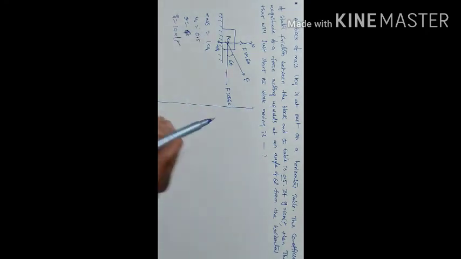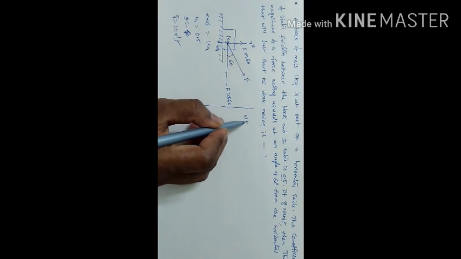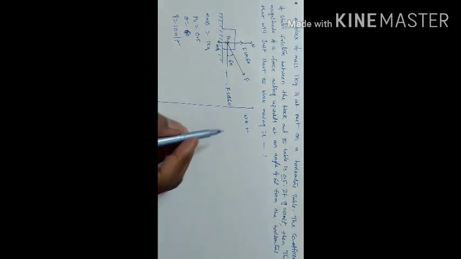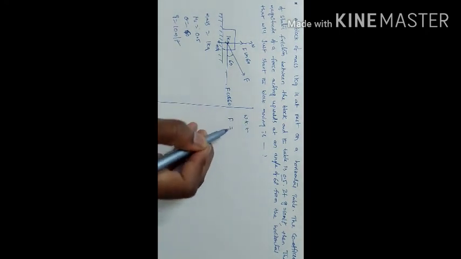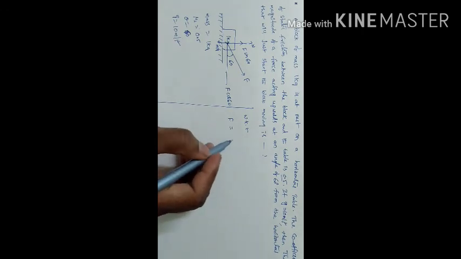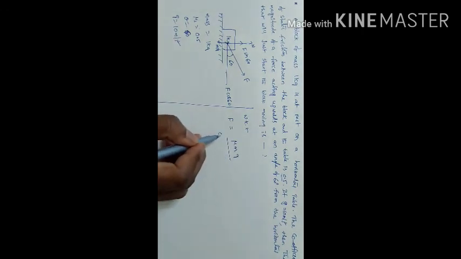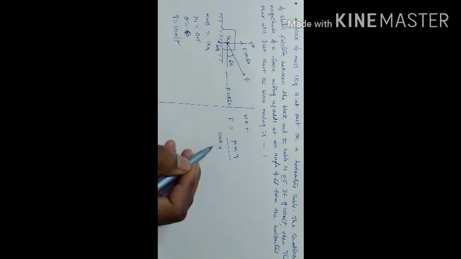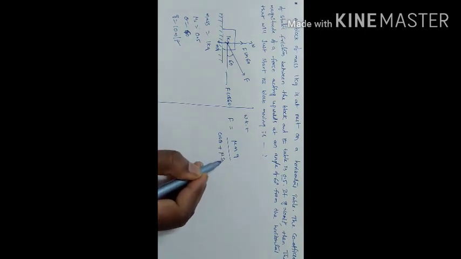So already I explained some problems in this chapter. So F equals mu mg by cos theta plus mu sin theta.